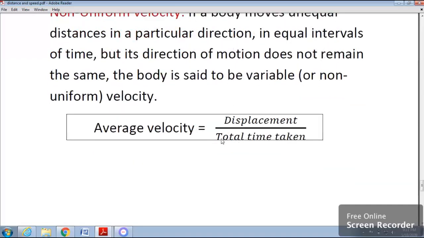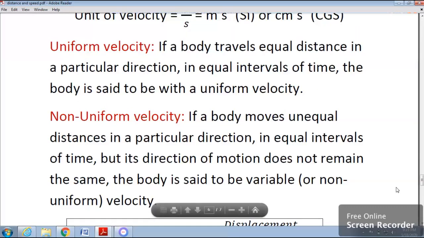To calculate average velocity, it is the displacement by total time taken. An example of uniform velocity is raindrops reaching the surface of the earth, falling with uniform velocity.